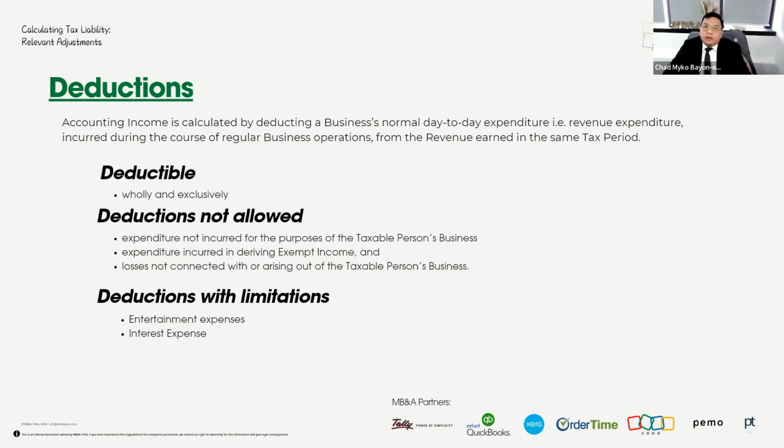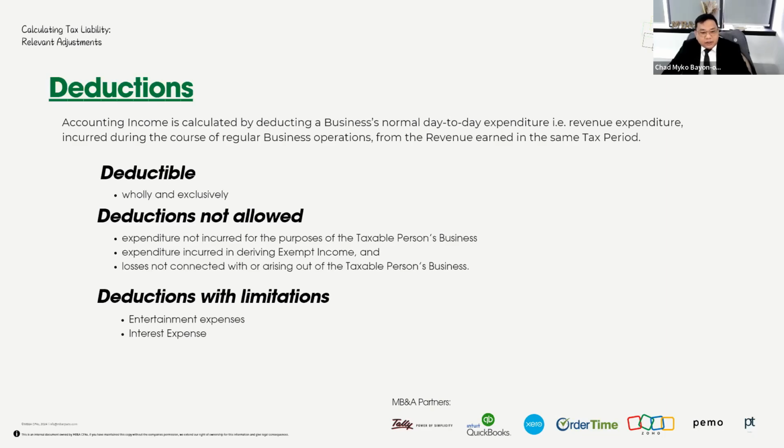For example, you have personal losses on your shares. Let's say you have a personal investment and then you incur some losses for that certain personal investment. Would you be allowed to deduct this in your business operations? The answer is no. You will not be allowed to deduct these losses that arise outside of your business.